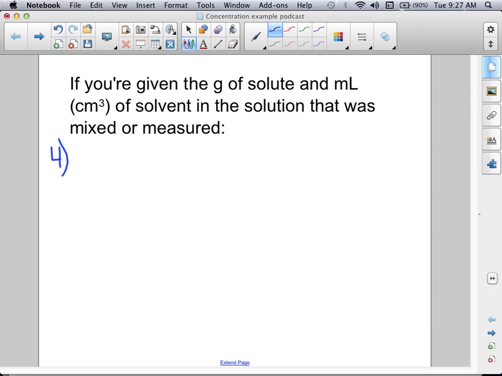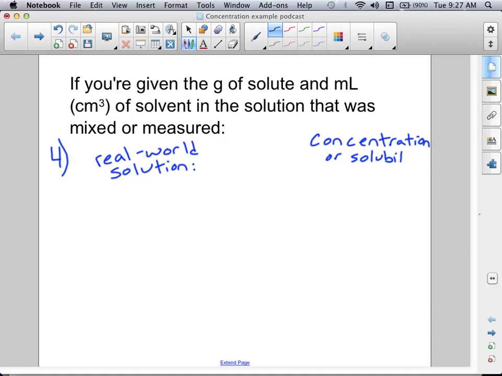The way we always set up our proportion is we always put the real world solution, the one that you actually mixed or measured, on the left, and then we always put the concentration or the solubility, which means concentration of a saturated solution, on the right.